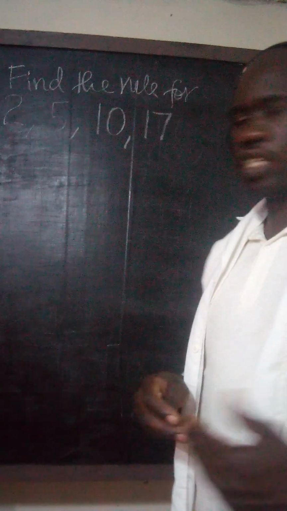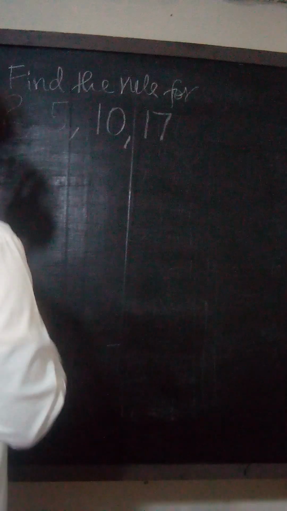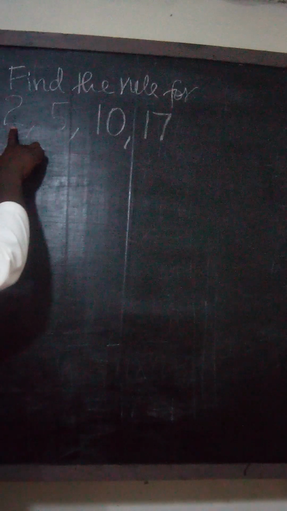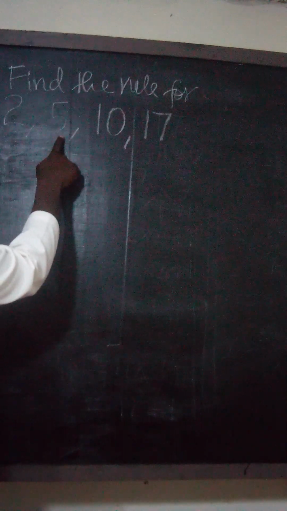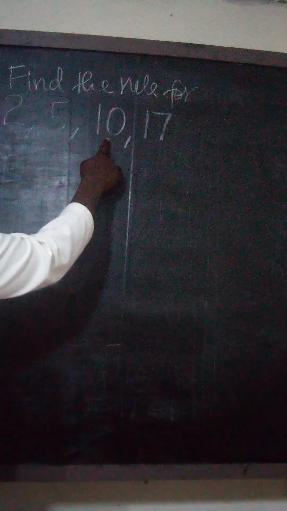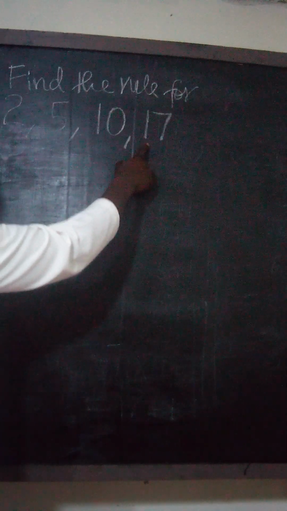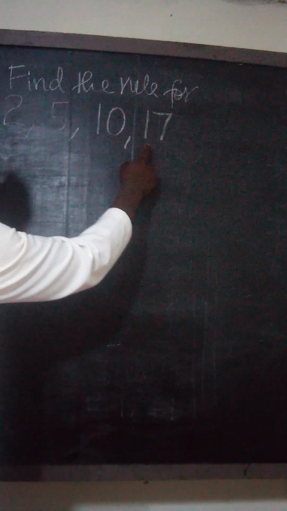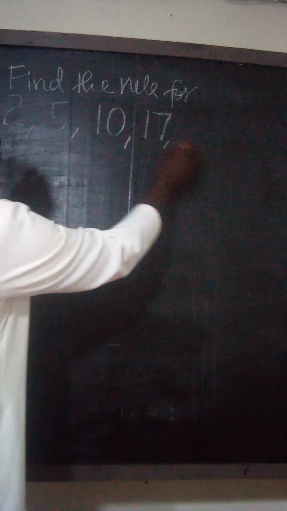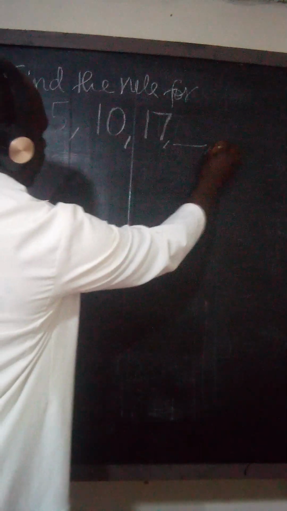So first, by inspection, we have the first term, which is 2, the second term 5, the third term 10, and the fourth term 17. We can also get at least the next two, which could be easy.